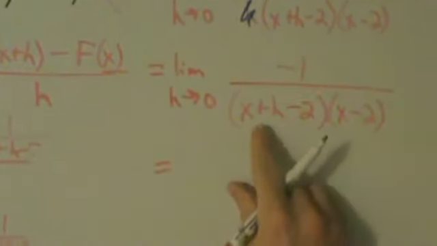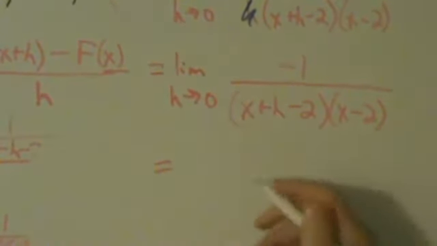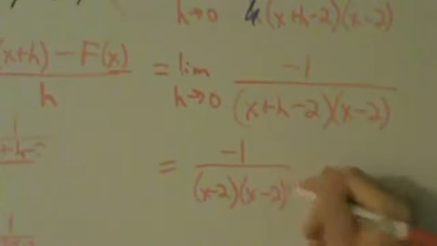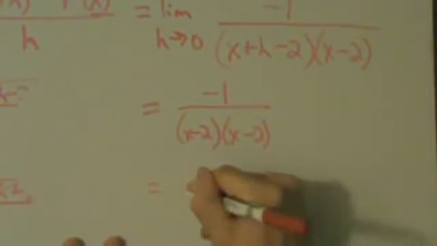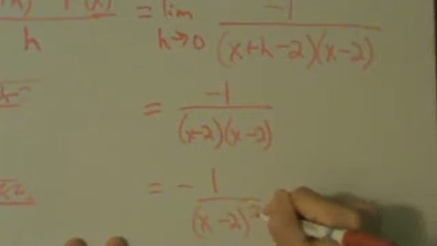negative 1 over x minus 2 times x minus 2, because we're just going to substitute 0 in for h. So this is negative 1 over x minus 2 times x minus 2. And then we can just rewrite this as negative 1 over x minus 2 quantity squared, like that. And what's this?